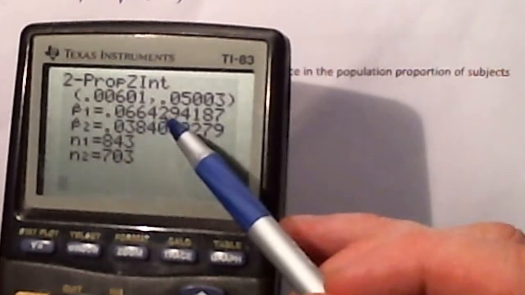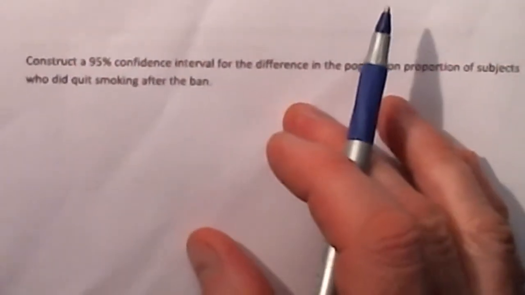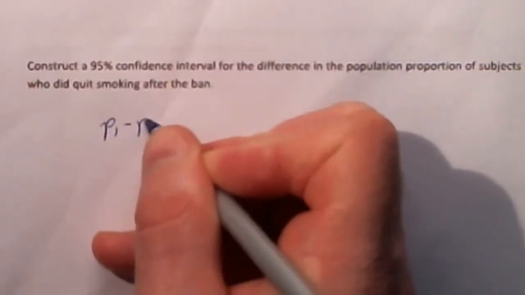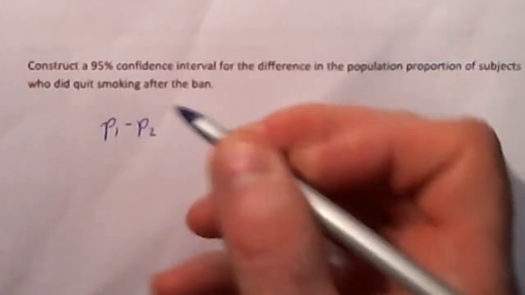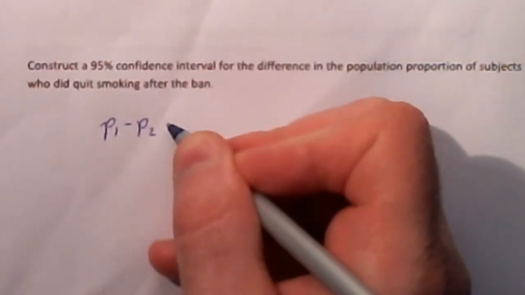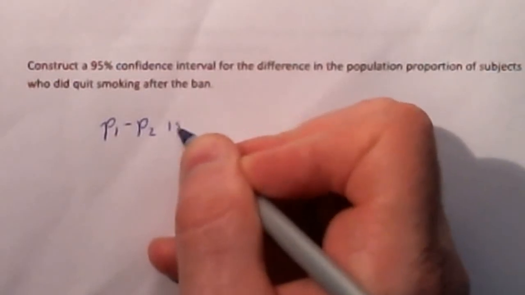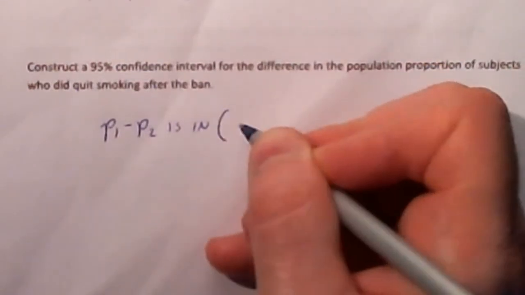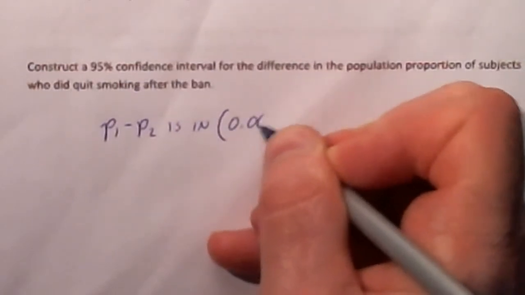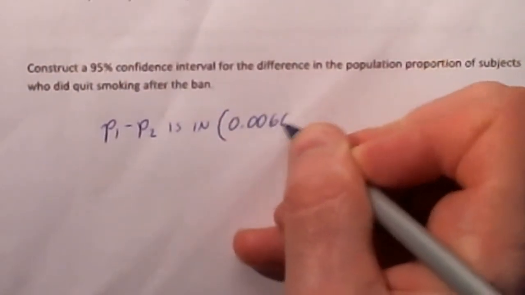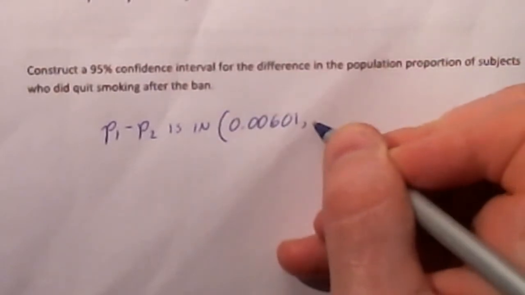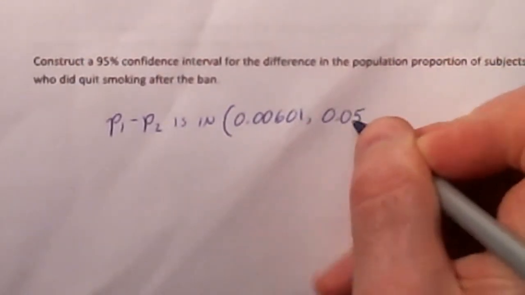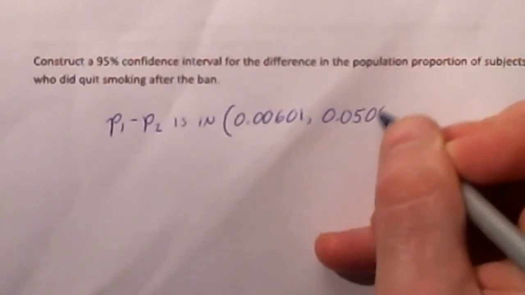Okay. Specifically, this confidence interval is saying this, that P sub 1 minus P sub 2, population 1's proportion minus population 2's proportion, is in the confidence interval whose lower endpoint is 0.00601 and the upper endpoint of which is 0.05003.